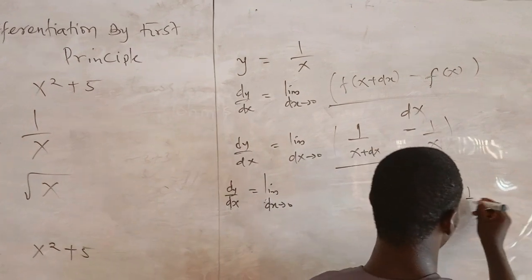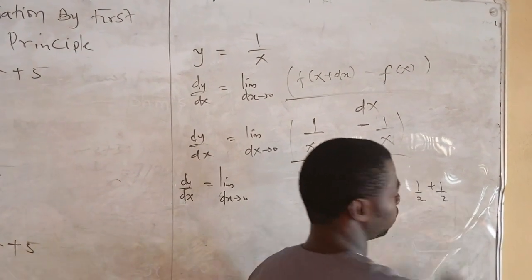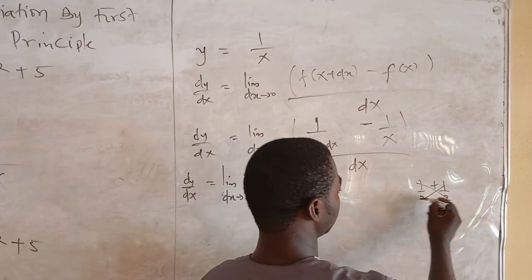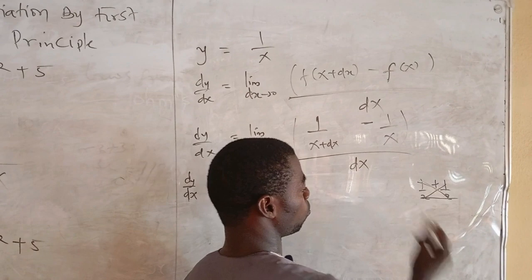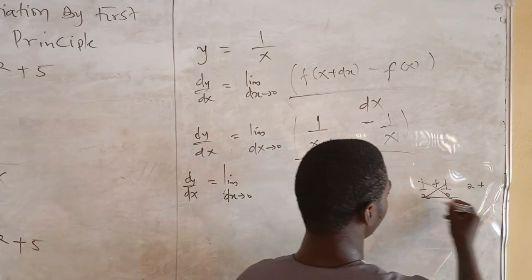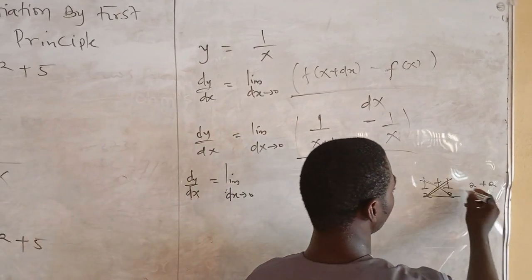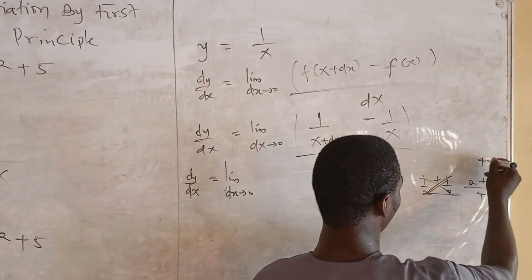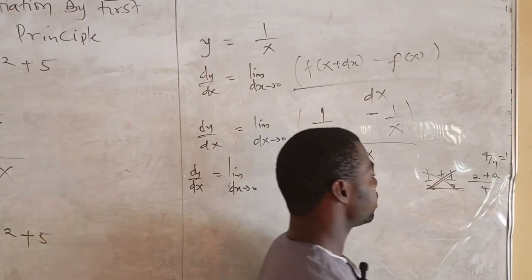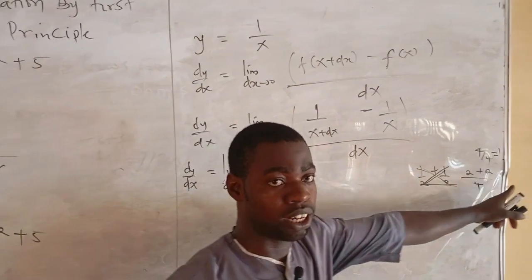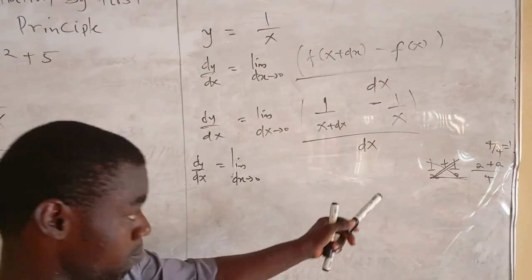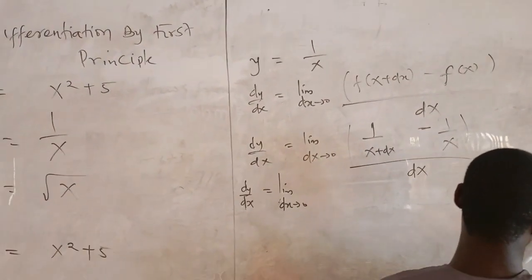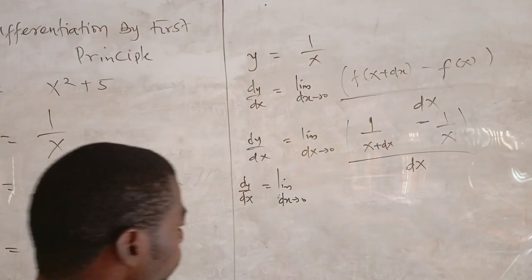Say for example you have half plus half, right? Simply you do this times this times this. So 2 times 1 is 2 plus 2 times 1 is 2, all over 2 times 2 is 4. So you're having 4 over 4, which is equal to 1. That means half plus half is equal to 1, right? So we just use that same approach to simplify the fraction.